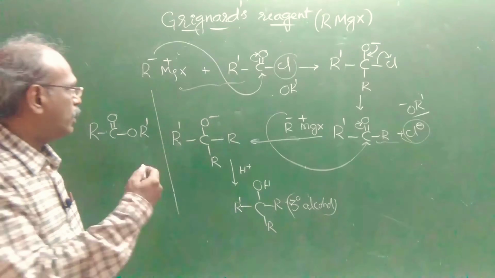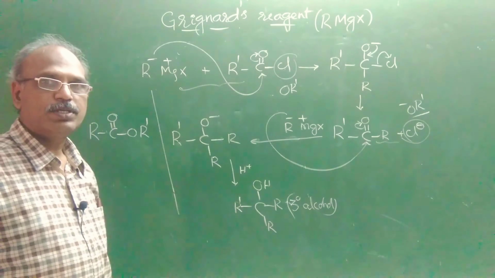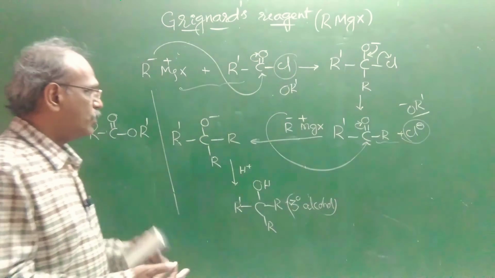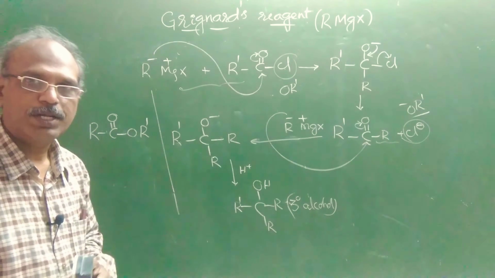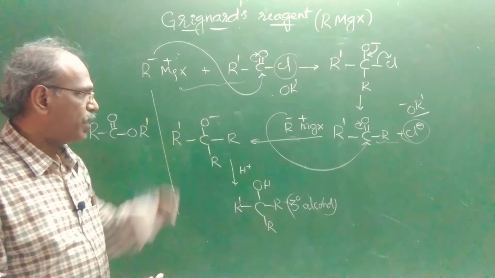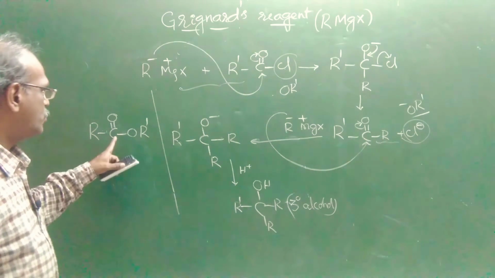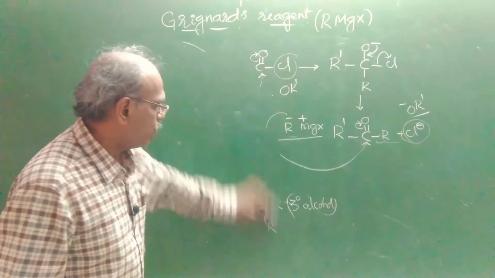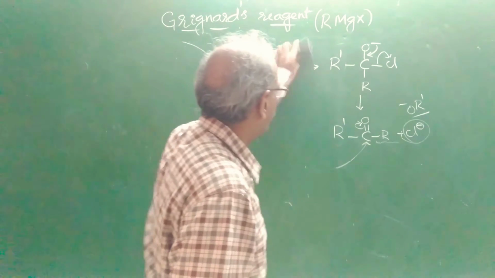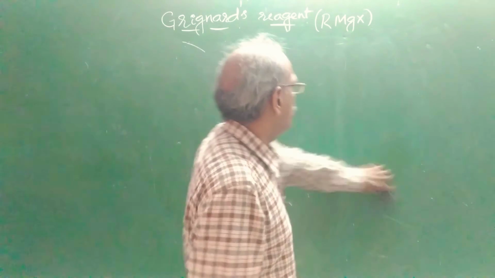So this is the behavior of Grignard's reagent towards acidic groups, carbonyl groups, aldehydes and ketones, acid chlorides and esters. In that way we can see. And one more important point is, see this.